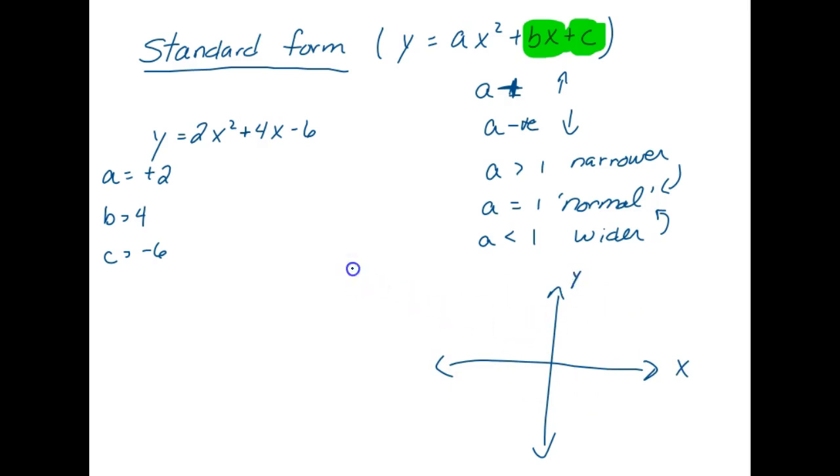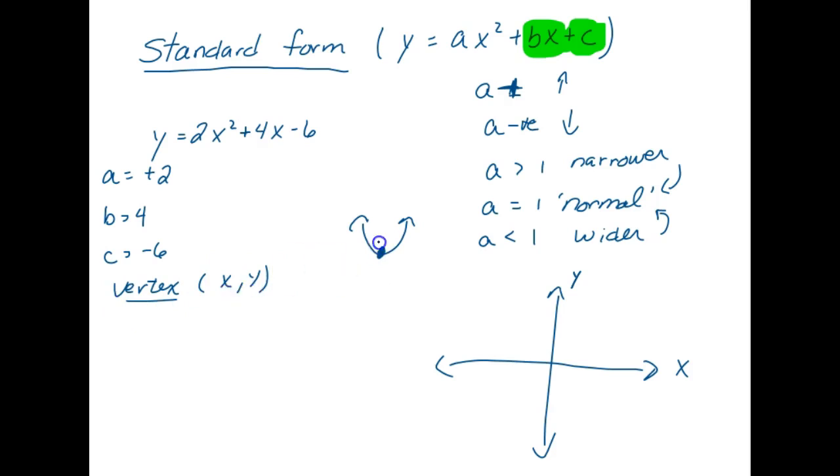Our graph is going to point up. First step then is to find the vertex, which is an x, y value, and that's going to be where the bend in the graph is. So if our graph is pointing up, the vertex will be located here.